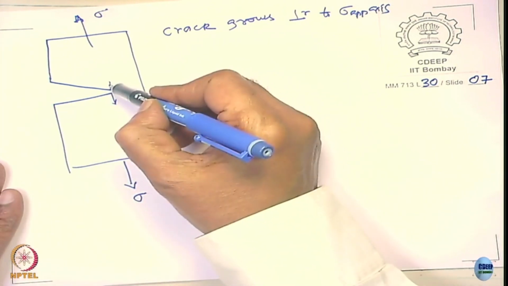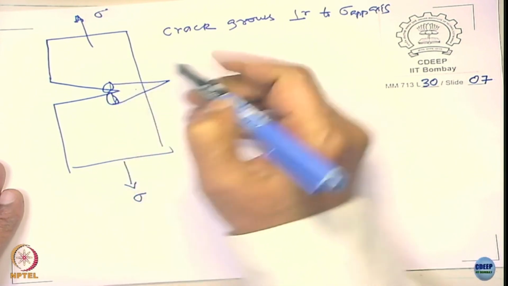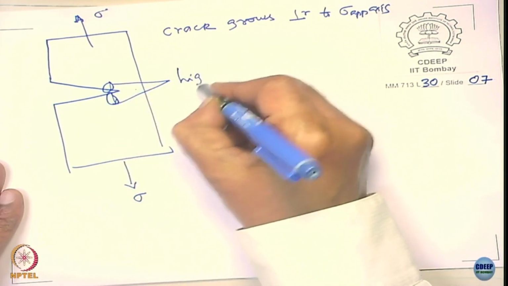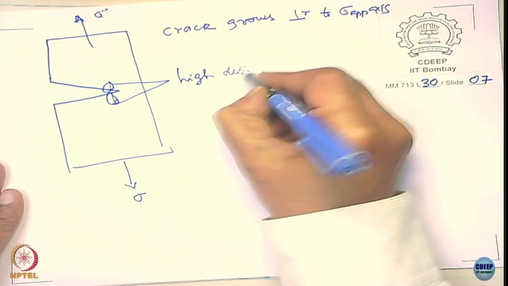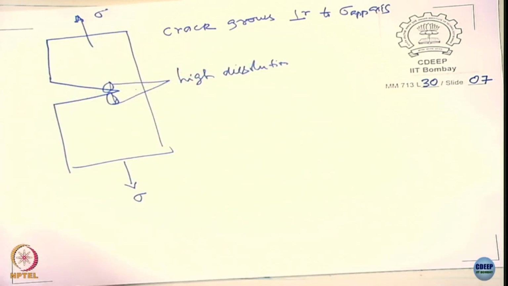Assume that there is a huge dissolution here, high dissolution. At the crack front, the dissolution rate of the metal is very high. So what do you think will happen?